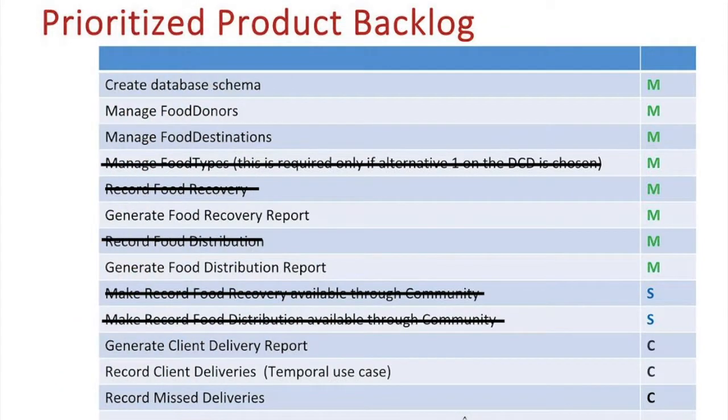The admin portal aspect of the project contains 8 of the project's use cases, which are the bulk of the project. Those use cases are manage food destinations, manage food donors, and allow us to generate the 4 reports, which are food distribution report, food recovery report, food category report, which is a component of the food recovery report, and finally, the client delivery report.